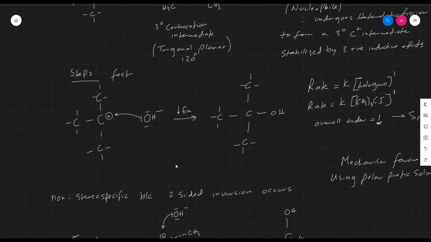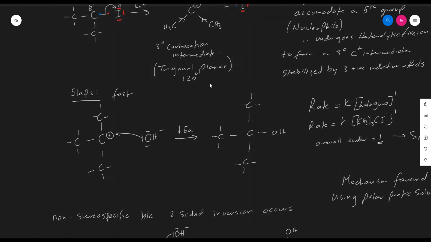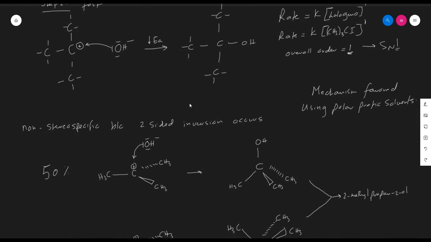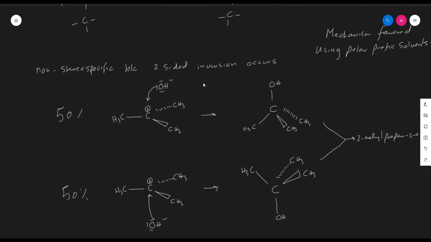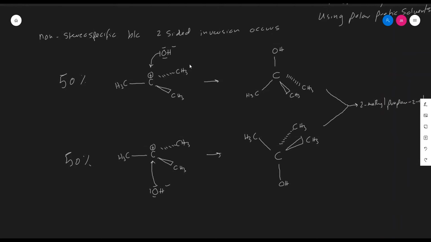As I stated previously, it is also worth mentioning that the carbocation in this case has a planar structure, so we can explain the inversion of configuration if this were a chiral carbon, which in this case it isn't. The carbocation intermediate formed in step 1 will react with the nucleophile in step 2, but now there's a 50-50% chance of the nucleophile approaching the carbocation from the top of the plane or the bottom of the plane.